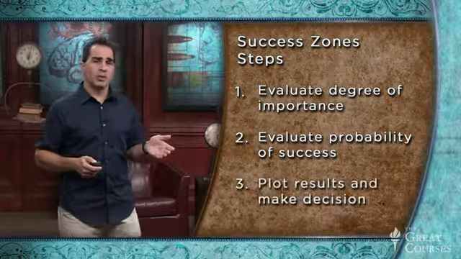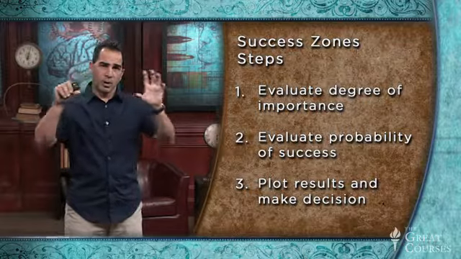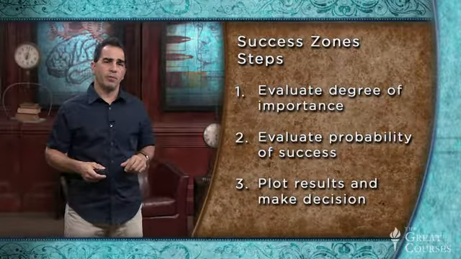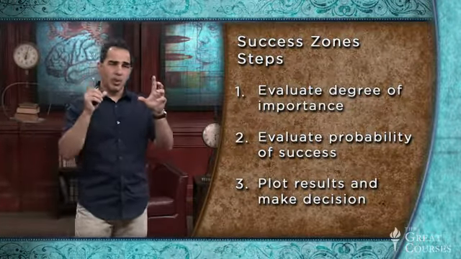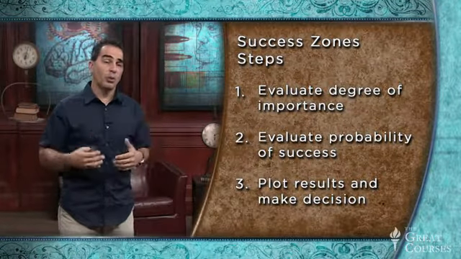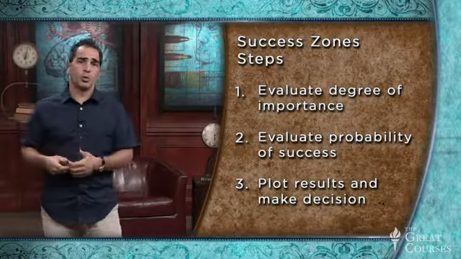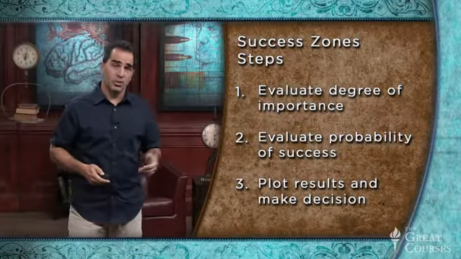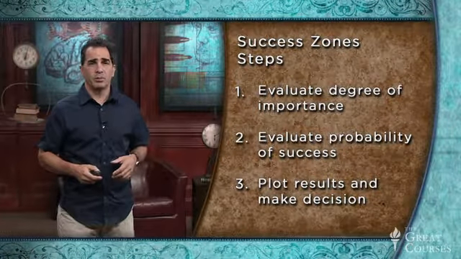Then we plot these results on a grid so that we have a visual map of where they fall. And as we plot them, there's information on the grid that helps us to determine whether it's a goal we should pursue or not. We can consider the results of this and then we make a decision.